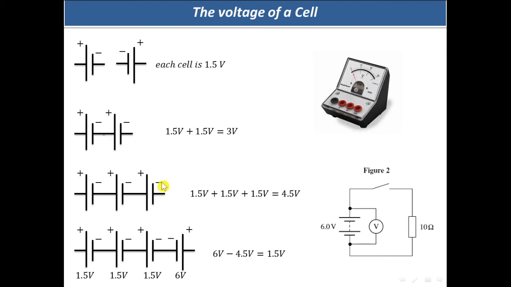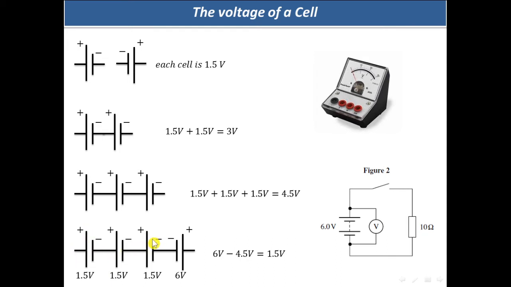Now I have 3 cells connected in series, plus minus plus minus plus minus. They are all in the same direction, the current flows in the same direction, so I add them all together: 1.5 plus 1.5 plus 1.5, 4.5. I have 4.5 volt here. And then I have something else here.